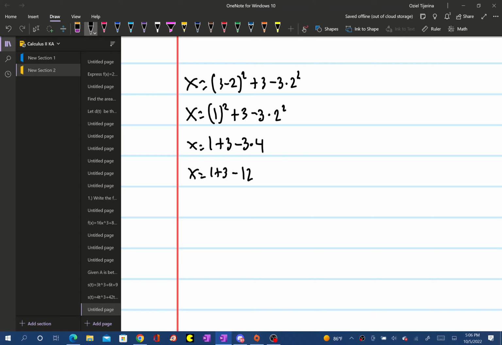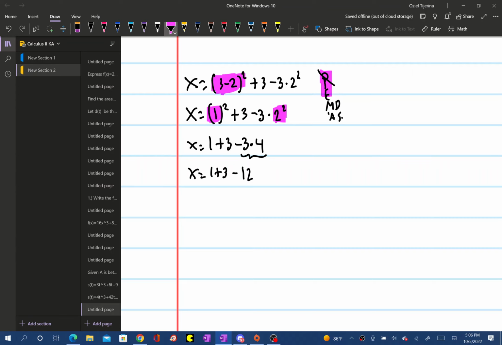minus 12, because of PEMDAS. Obviously parentheses first, we did that. And then we did exponents, you know that.